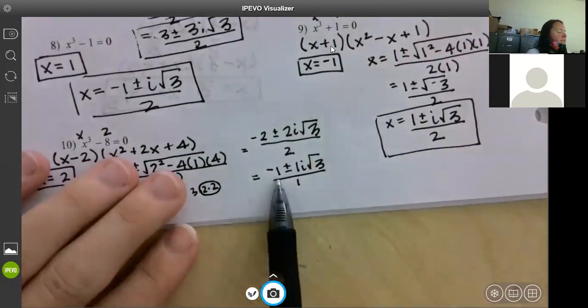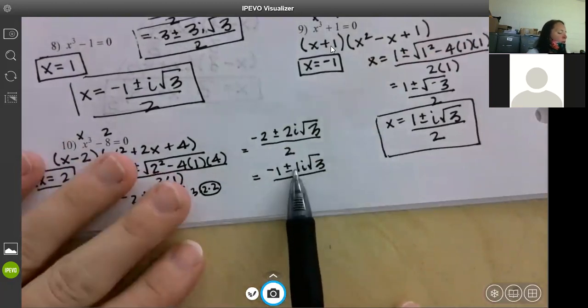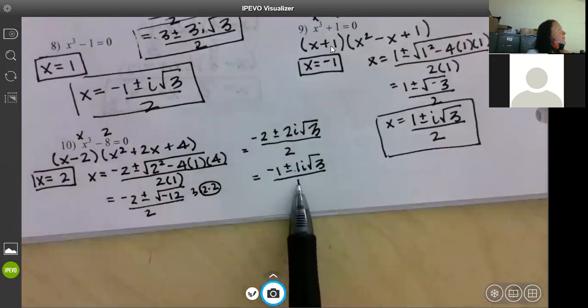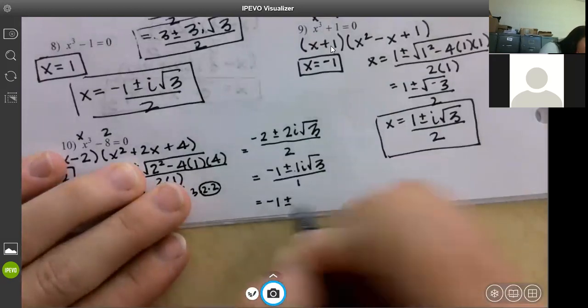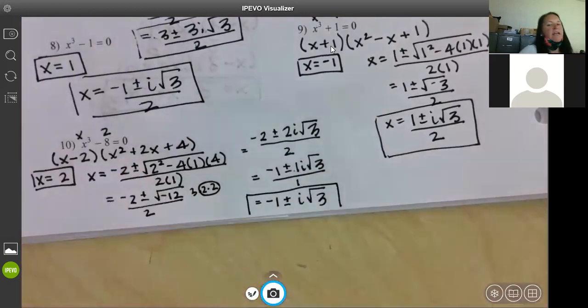Remember, the 1 in front is the only one that matters. If you have an x, a p, a q, an r, the 1 in front doesn't matter. So this one doesn't matter. And the one on the bottom doesn't matter, because if we have a whole number, we don't have to show divide 1. So what it'll look like on your quiz or on your test is negative 1 plus or minus i square root of 3.